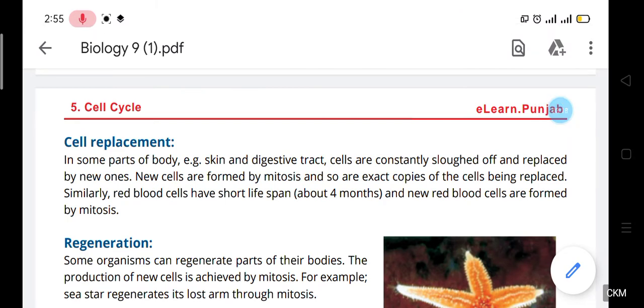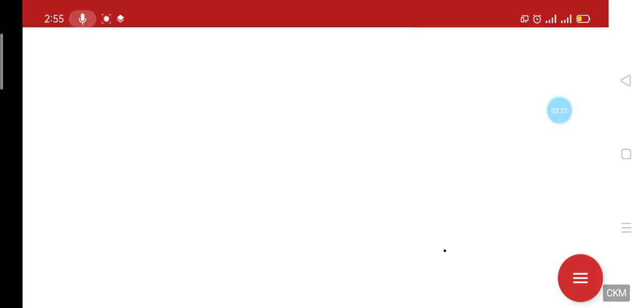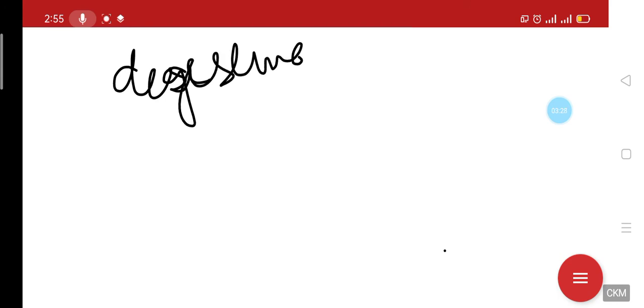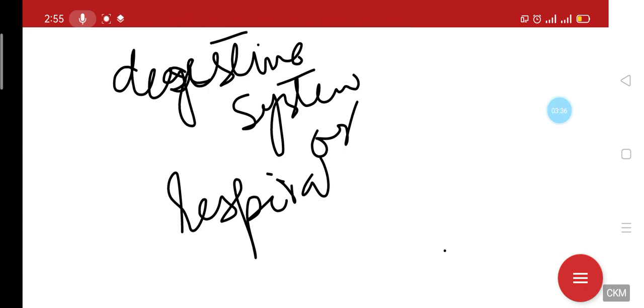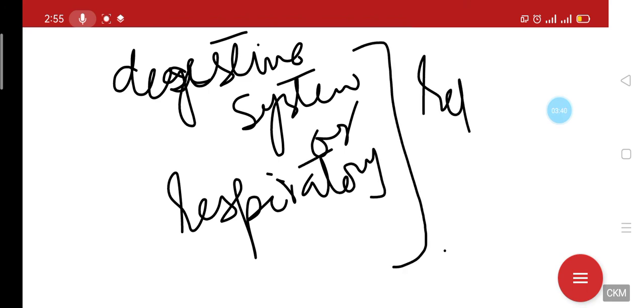The next important advantage is cell replacement. As we know from our digestive system or from the respiratory system, the cells are continuously replaced by new cells.